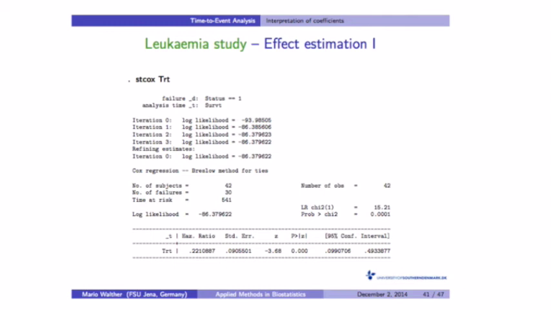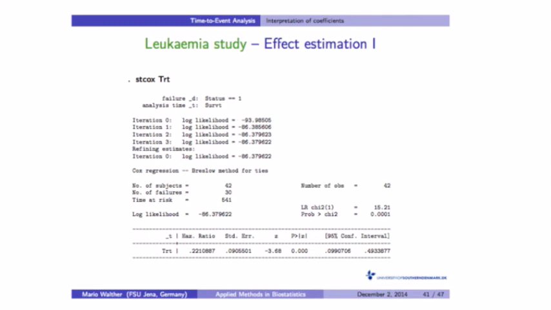Or in other words, or loosely speaking, that there are more patients in the treatment group remaining in remission compared to the placebo group. So there is a treatment effect.